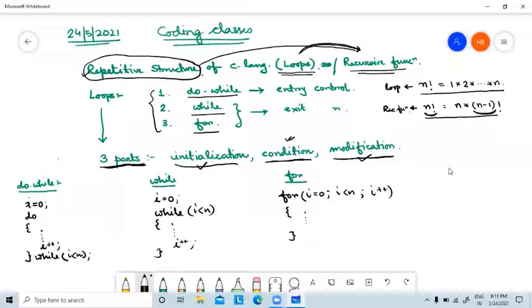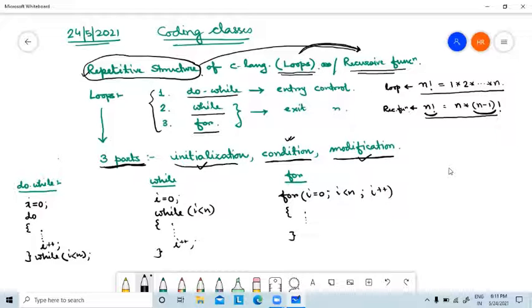These three things are very important in any repetitive structure, because I have to repeat some job, some operation, and there must be some finite number. That's why I have to initialize. I have given one example: suppose you become an umpire and you have to count the number of balls delivered by a bowler.